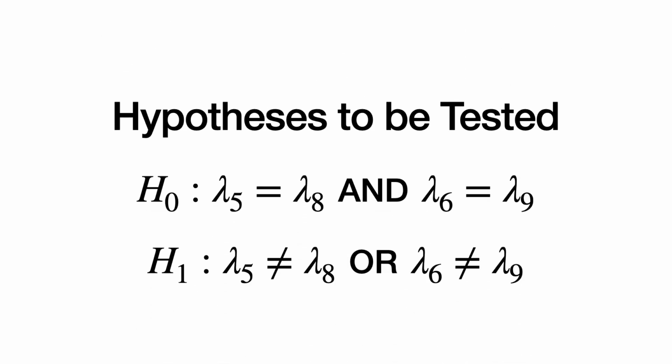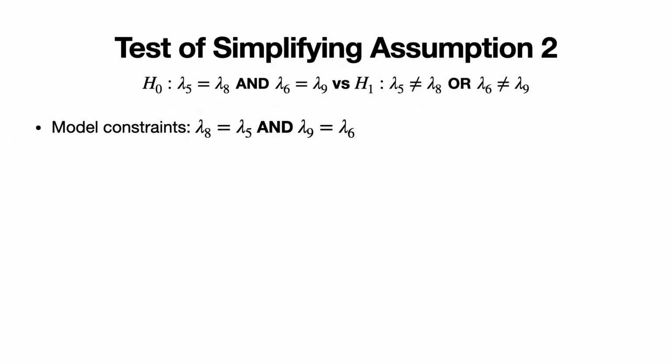The null hypothesis to be tested is therefore that lambda 5 and lambda 8 are equal, and lambda 6 and lambda 9 are equal. The alternative is that either lambda 5 and lambda 8 are not equal, or lambda 6 and lambda 9 are not equal. To test this hypothesis, we'll fit a model that imposes the constraint contained in the null hypothesis.